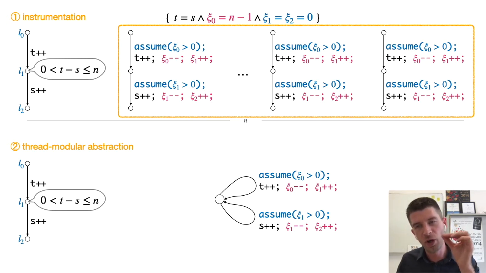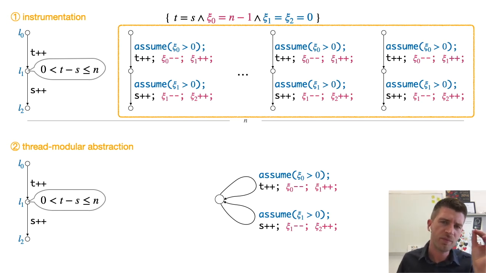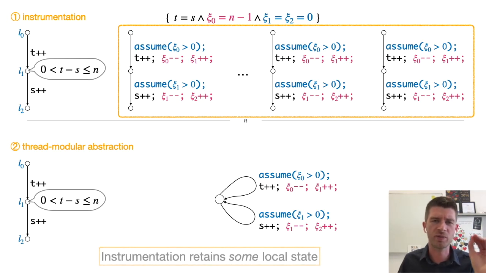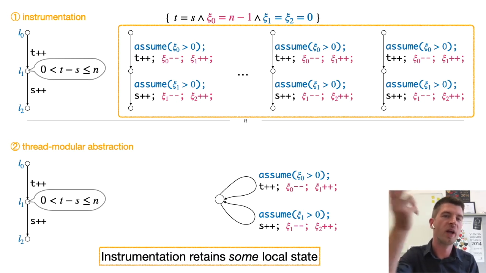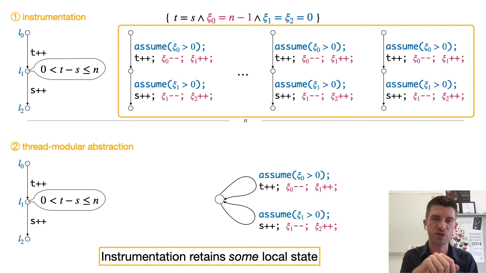Now, note that because of the instrumentation that we did up front, the summary still retains some of the flavors of local control state that we saw in the original program. In particular, we can only execute these 2 transitions in a specific order, and we can only execute them a specific number of times. And this is what this first instrumentation step gives us.